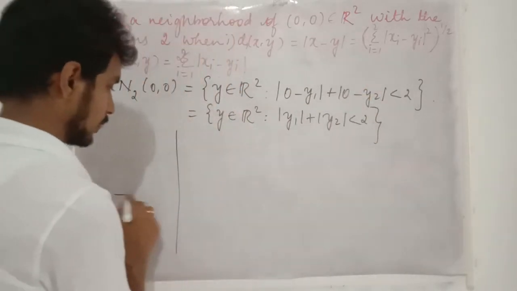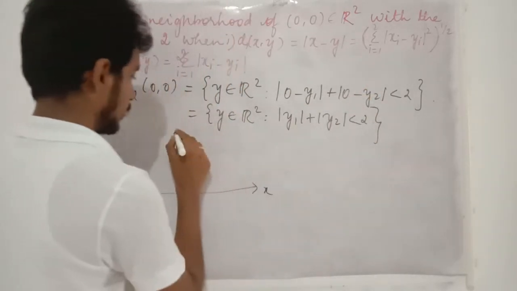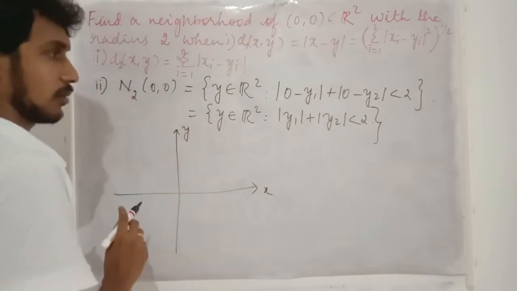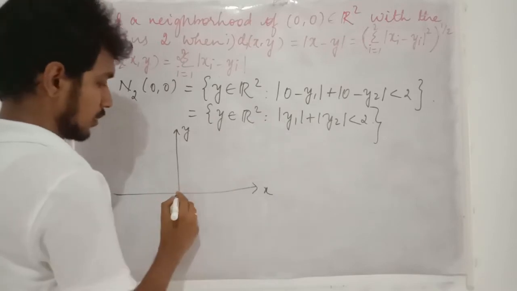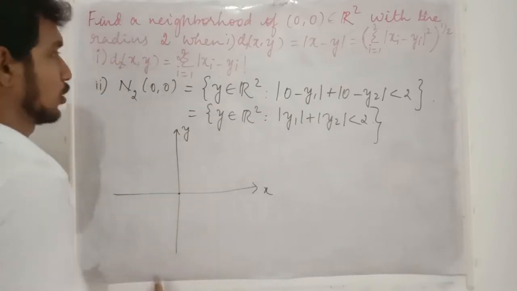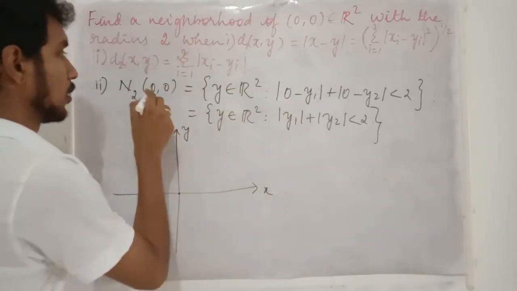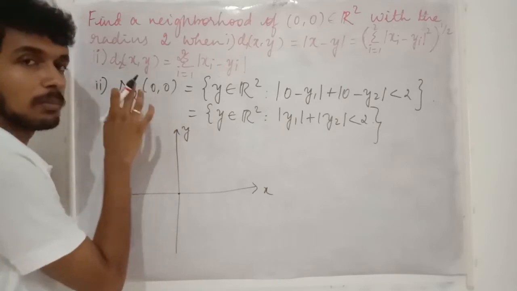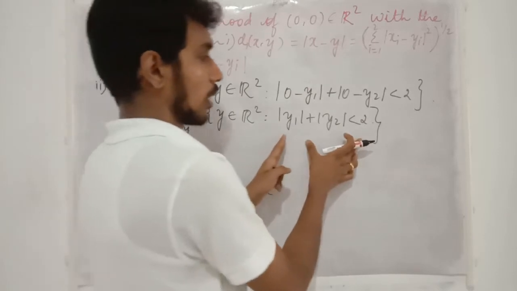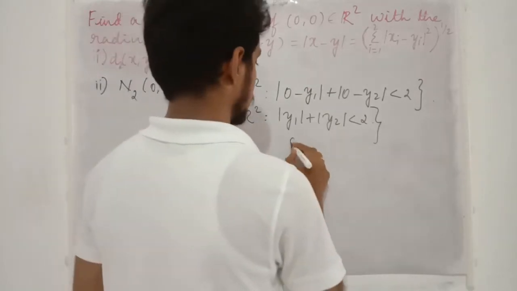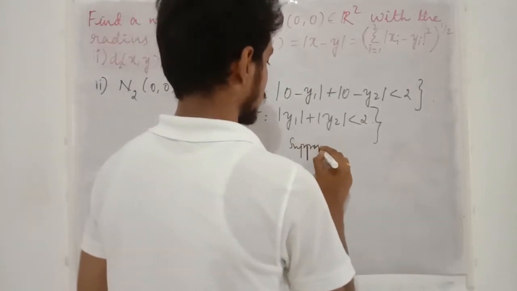Let us consider the plane. Now from this we need to identify the points. The center is (0, 0). In all neighborhoods, the point for which we take the neighborhood will be a member of the neighborhood. What is going to happen here? Suppose y2 is 0.